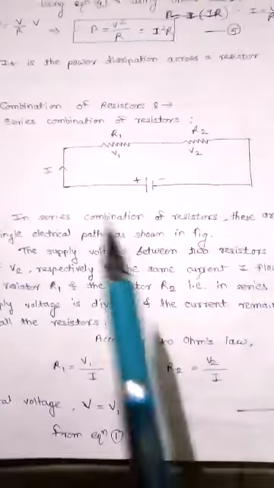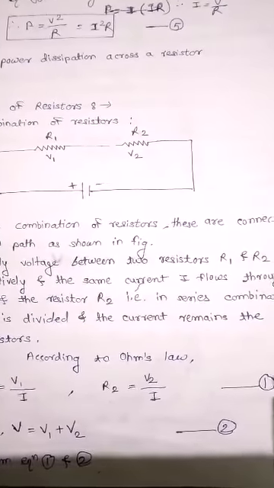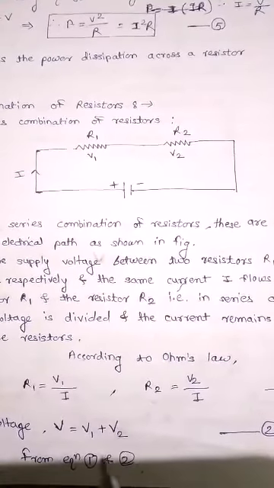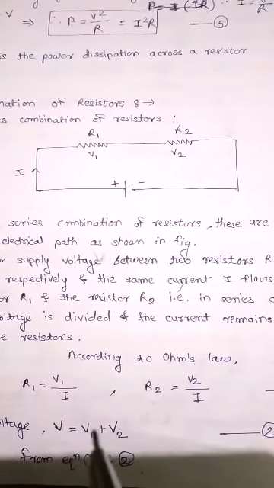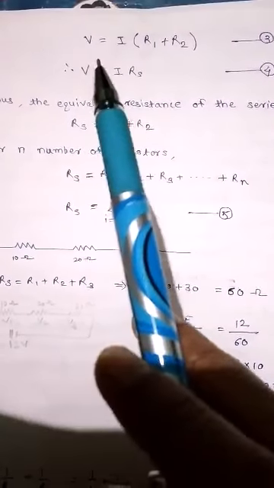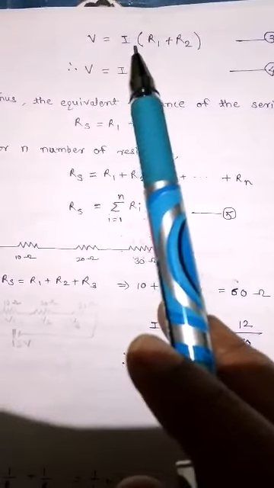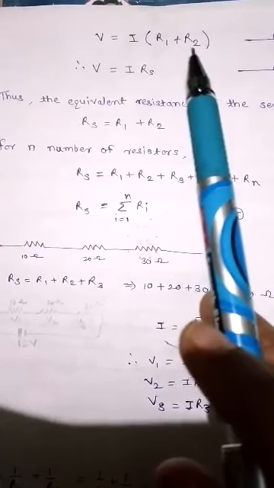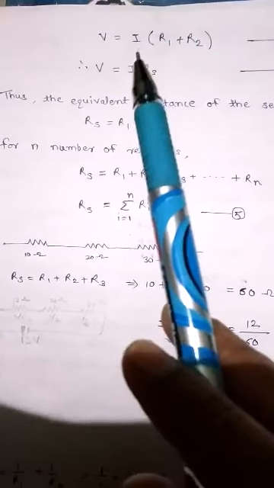So from equation 1 and 2, means these two equations for R1 and R2 and our total voltage equation, we get V is equal to I into R1 plus R2, where R1 and R2 vary, I is the common.